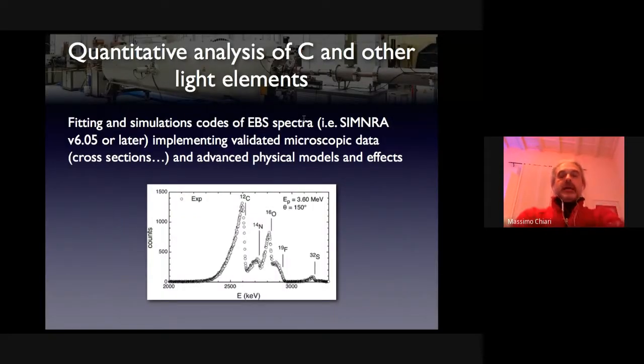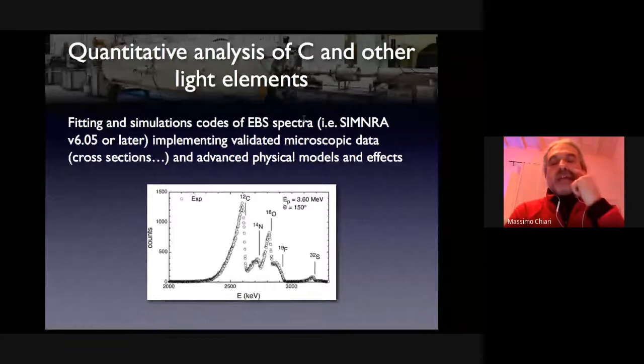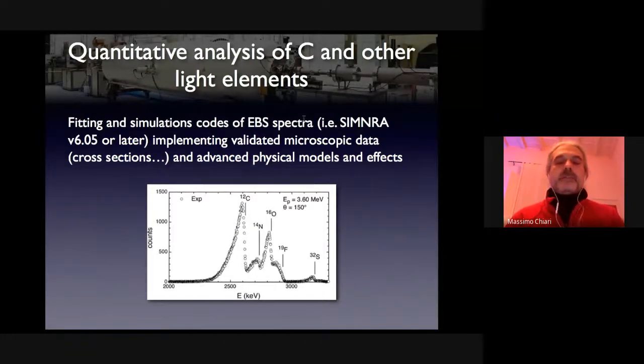Here's just an example of an EBS spectrum of particulate matter PM10 collected on Teflon. We are using Teflon because it's made just by fluorine and carbon, while most of the other substrates have a lot of oxygen and carbon. So the contribution from the aerosols would be lost in the background.